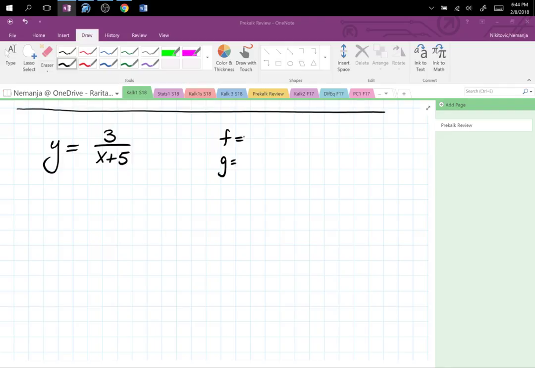Yes, you have it? F is 3 over x, and g is x plus 5.